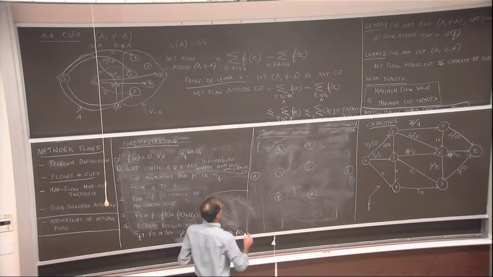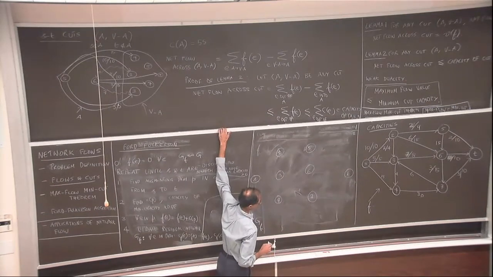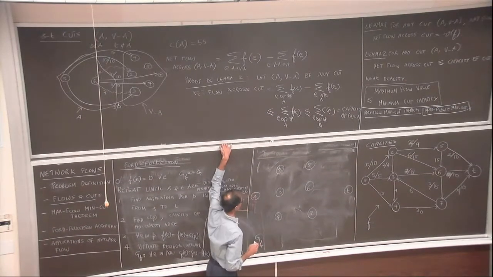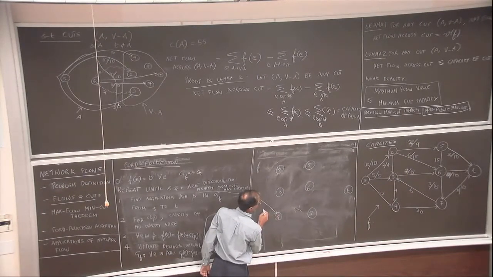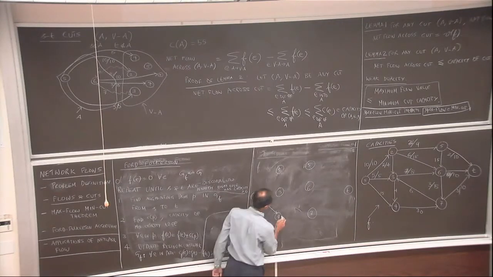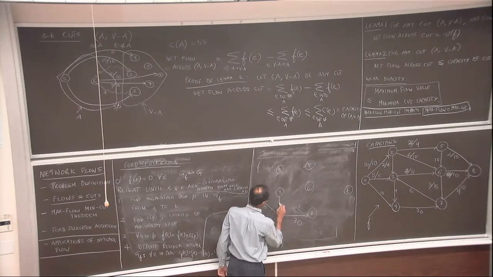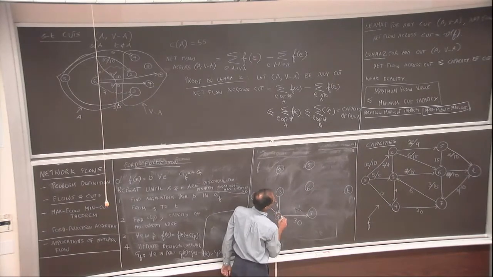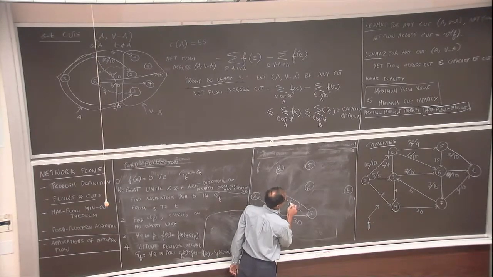Okay. So I'm going to draw the residual network GF. This edge is there as before, 15 capacity. Let me draw all the edges that don't carry any flow. So this is there as before, 4. This is there as before, 6.